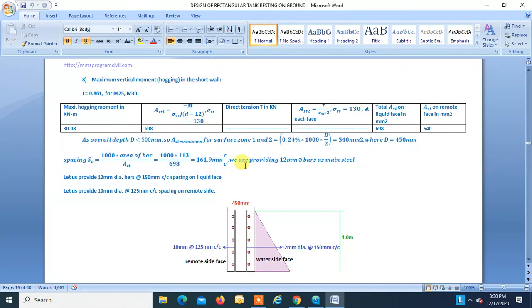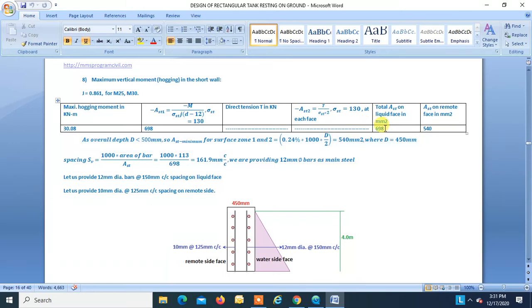Of course, direct tension will not be over here because this is already in compression, because load from the cover slab will come, and even the dead weight of this wall will cause compression. This is 698, which is greater than 540 minimum, so provide 698. And on the outer face, you have to provide 540, that is minimum.